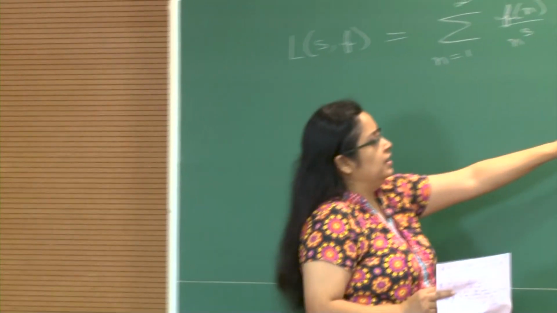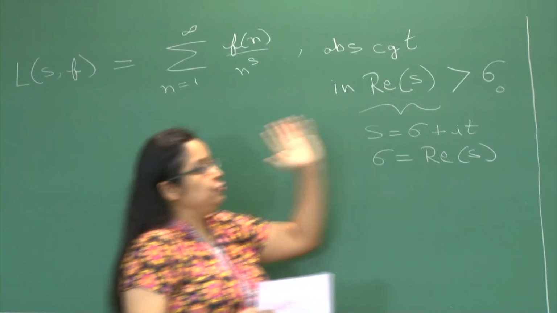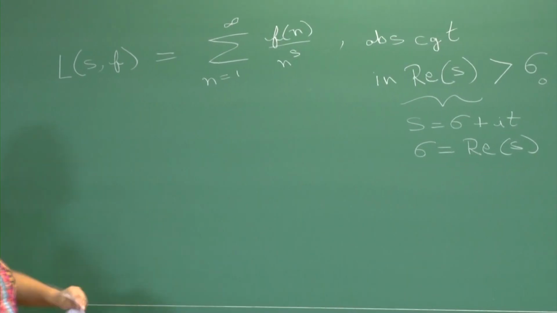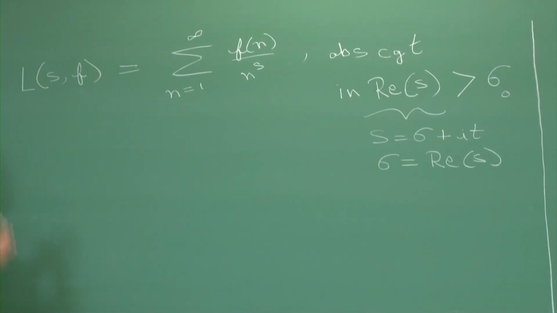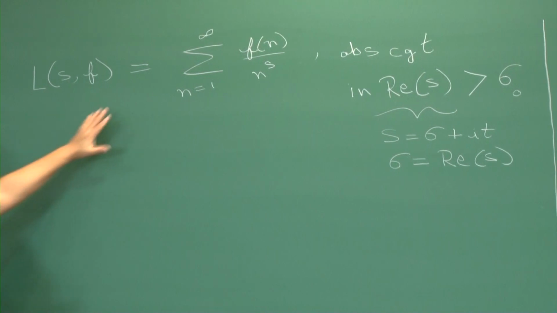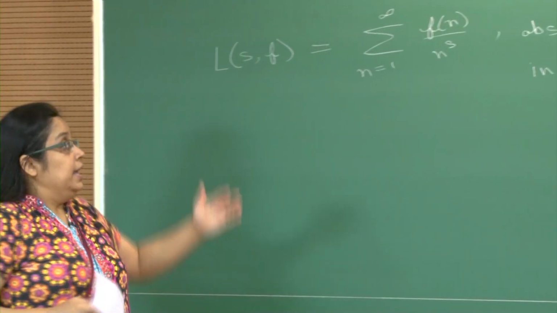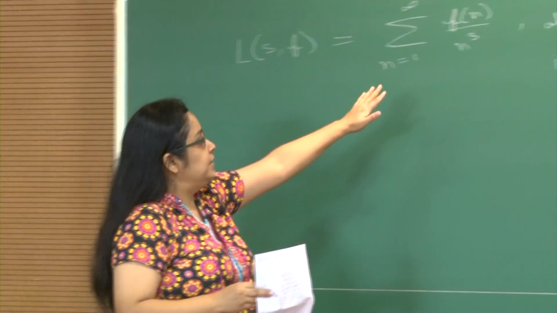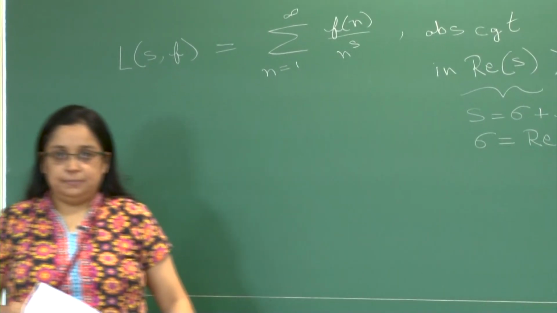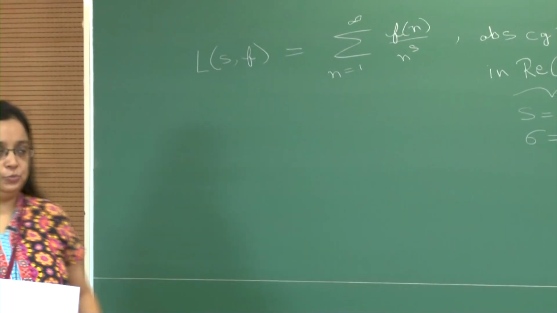So, we take sigma greater than sigma 0 to be that half plane where it converges absolutely. And our goal is to learn to study these Dirichlet series as an analytic function in the half plane where this series converges absolutely. So, this is something that we are building up towards.